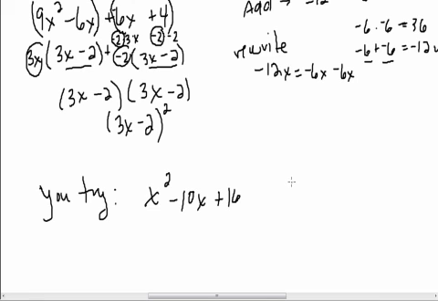And just be careful, your key number in this case will be 1 times 16, or 16. And why don't you try 3x squared minus 2x minus 8. And we'll take a look at those two in class.